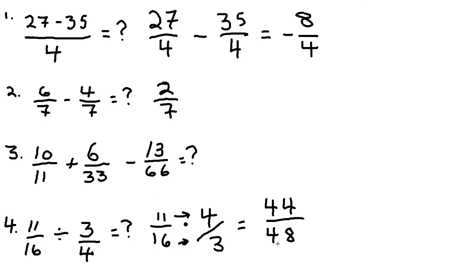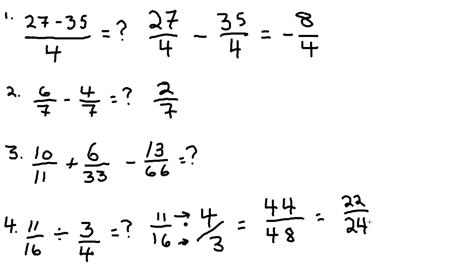And then what we can do finally is take this down to its lowest terms. So if we divide both the numerator and the denominator by 2, we know that that is a common factor they have. 44 divided by 2 is going to be 22. Then 48 divided by 2 is going to be 24.